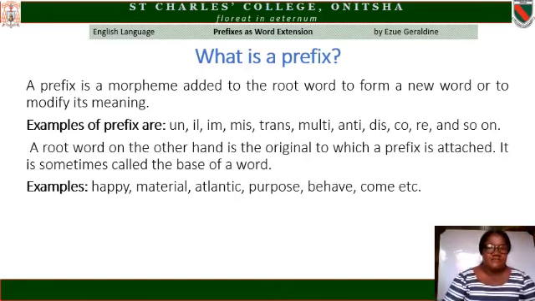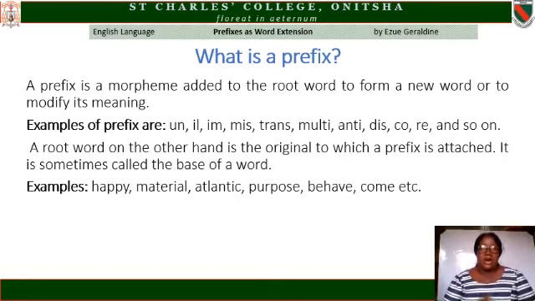So examples of prefixes are un, il, in, mis, trans, multi, anti, dis, co, re, and so on. These are prefixes that we add to a root word.